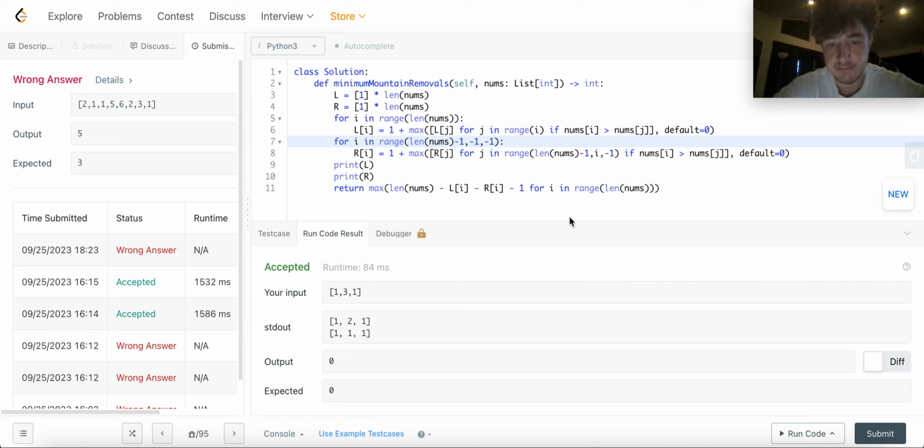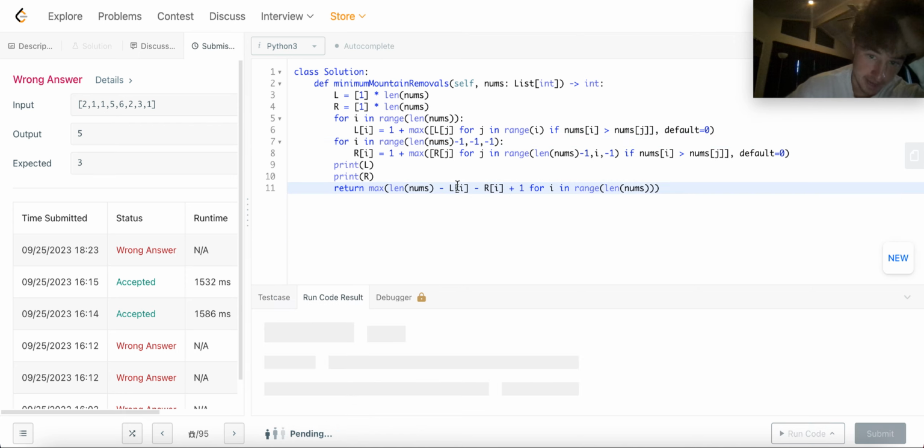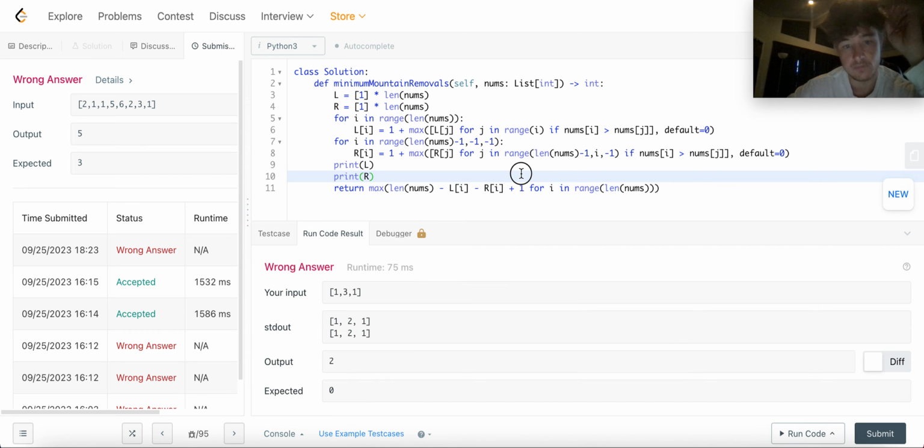I'm pretty sure this should be +1, because I'm overcounting twice, so I have to add 1 back in. Okay, this is 2 and 2 and 1. So if I choose this, I should get 4. Length of nums is 3.